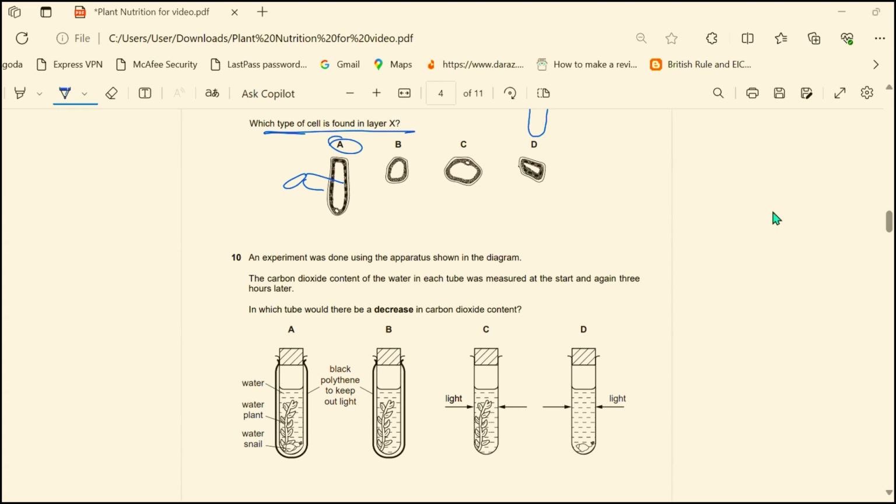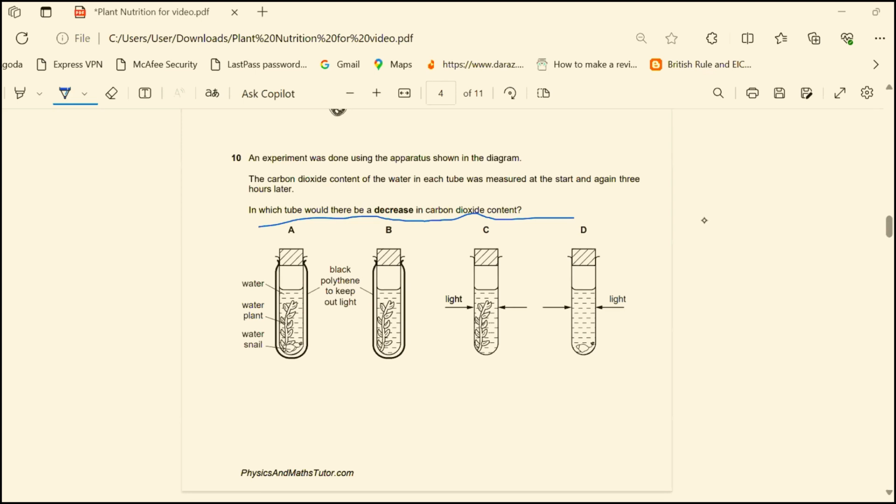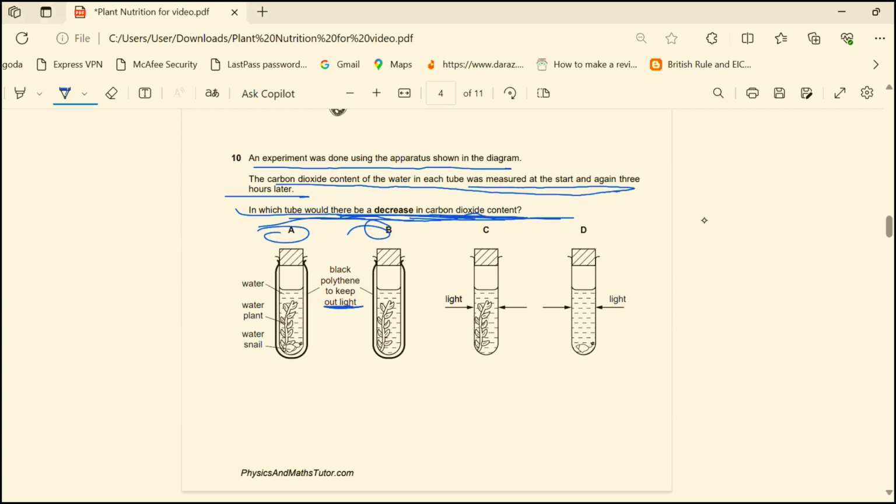So now let's start with question number 10. An experiment was done using the apparatus shown in the diagram. The carbon dioxide content of water in each tube was measured at the start and again 3 hours later. In which tube will there be a decrease in carbon dioxide content? In A and B, you can see that it is covered with some sheet to not let the light in.